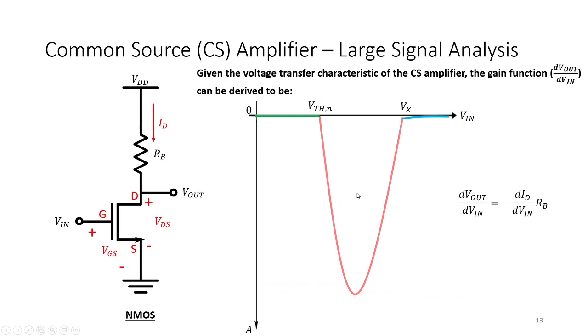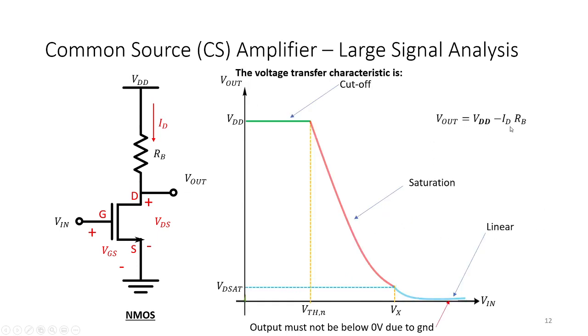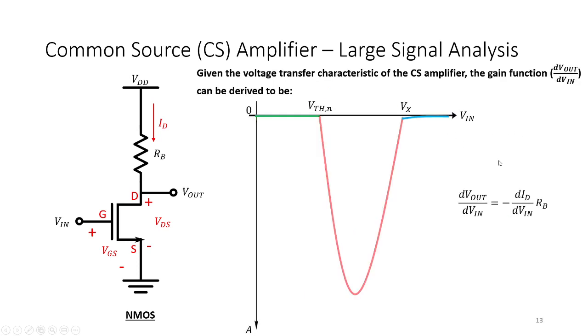So this will be the voltage transfer characteristic of the common source. Now, if we want to find the gain function of this, we just have to find the derivative of this function. If we find the derivative of this with respect to V-in, we will get dV out over dV in is equal to negative dID over dV in times RB.